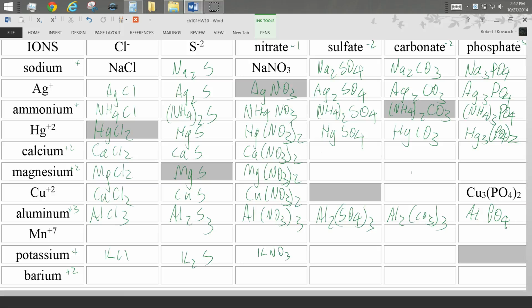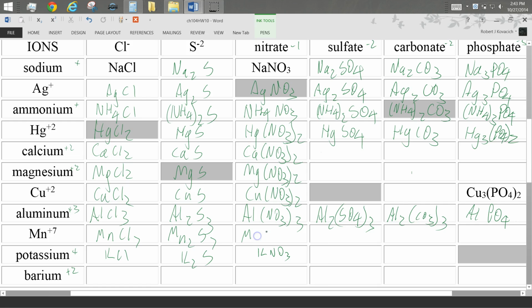Okay, the manganese, there really isn't anything more to it, it's just a bigger number. So for this one here, I've got Mn, and then it needs 7 chlorines to cancel that out. And then Mn2S7 will cancel out the manganese with the sulfide.